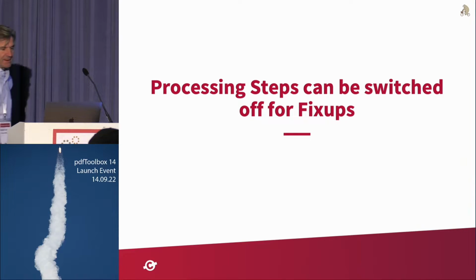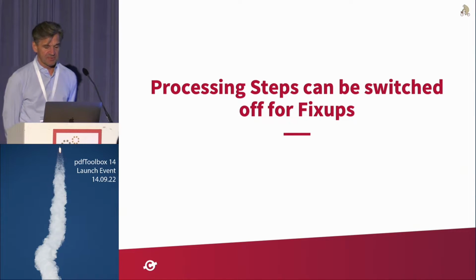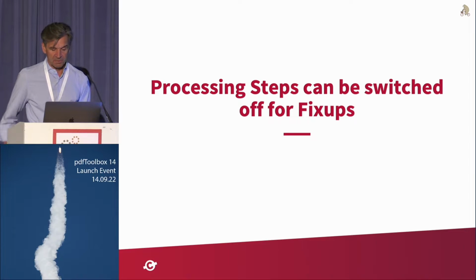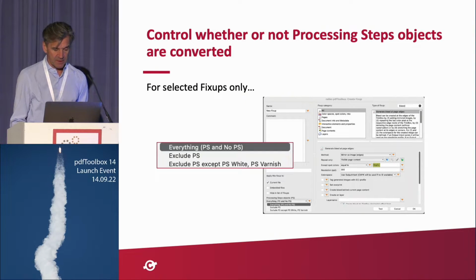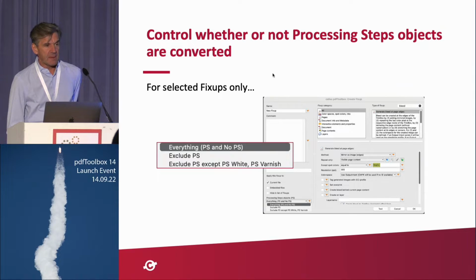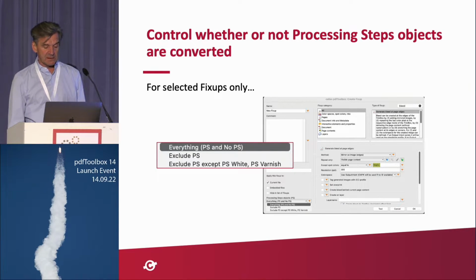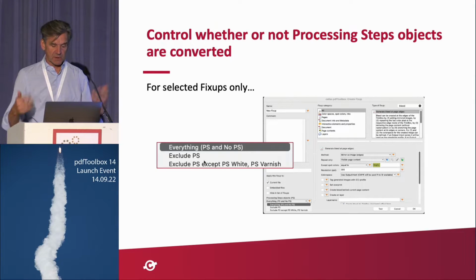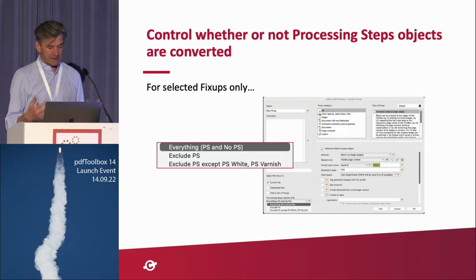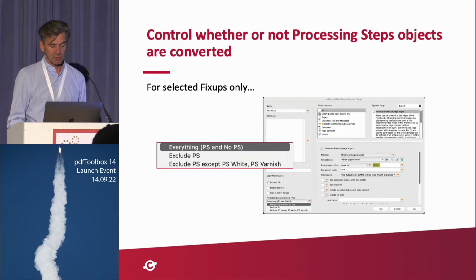Okay, then that's me. Processing steps can now be switched off for Fixups. Maybe you remember that when we introduced PDF Toolbox 13, I told you now there is in the sidebar for checks the ability to specify whether the check that you're currently creating is applied to objects on processing steps only or in addition to page objects.